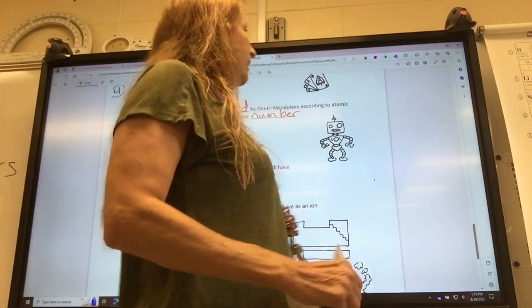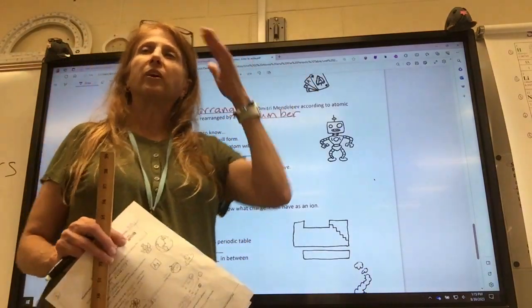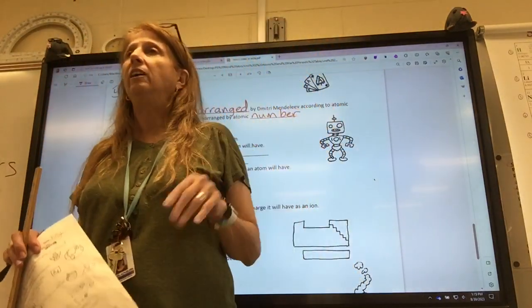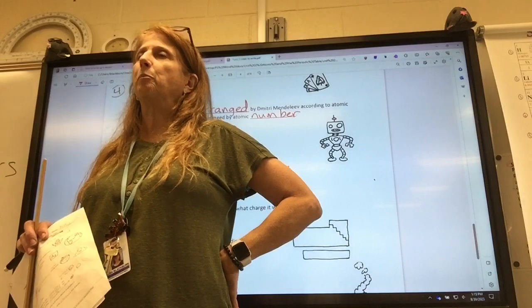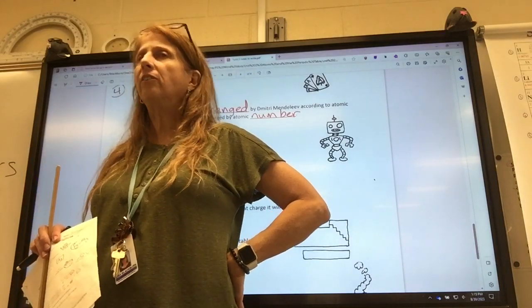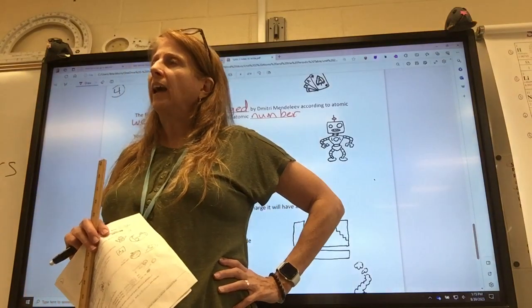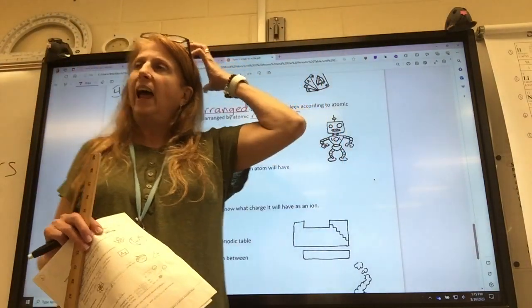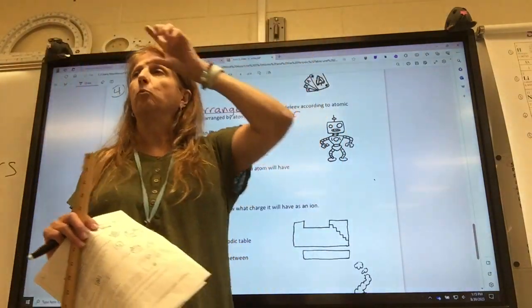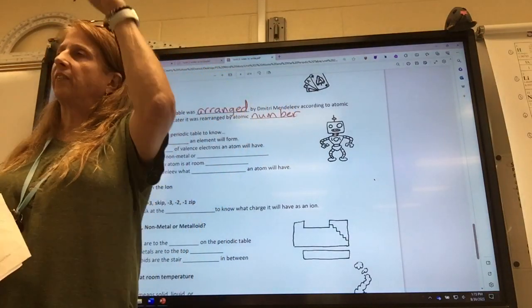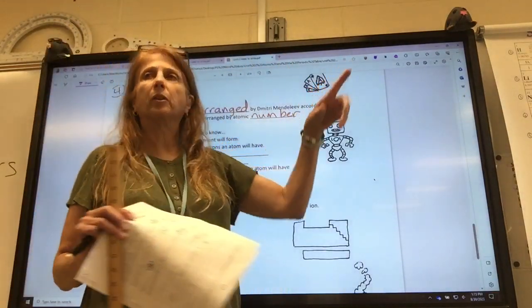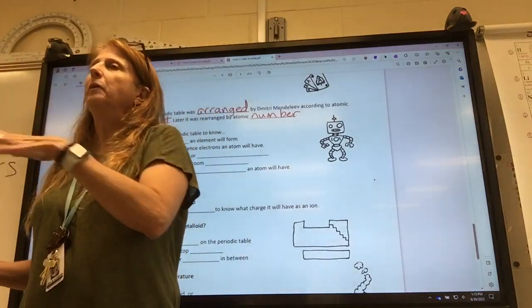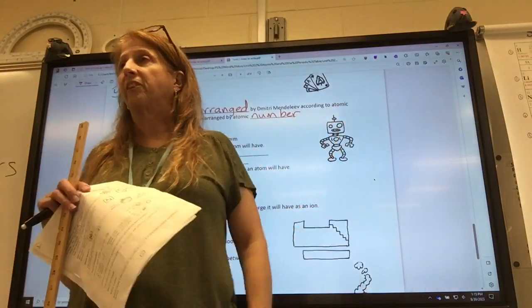Well, Dmitry Mendeleev is not that kind of guy. He was a grad student in Russia, and he'd go to the bars, he'd play cards. He was kind of a wild man, and he started noticing there were patterns in the elements, and he took his playing cards and wrote the characteristics of the elements on there, and he'd take them to the bar and rearrange them until he finally discovered it.